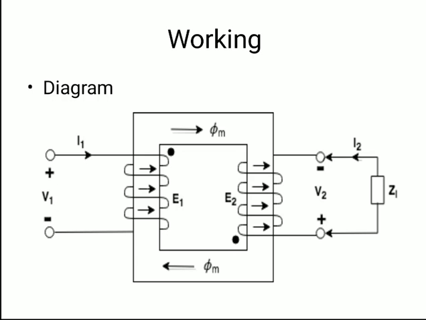Remember one thing: the value of the voltage which we supply here may increase or decrease, but the frequency will always remain constant. If the frequency here is 50 hertz, at the output or at the load also we will get the same frequency. But yes, the voltage or current may be increased or decreased, depending on the number of windings of the transformer.